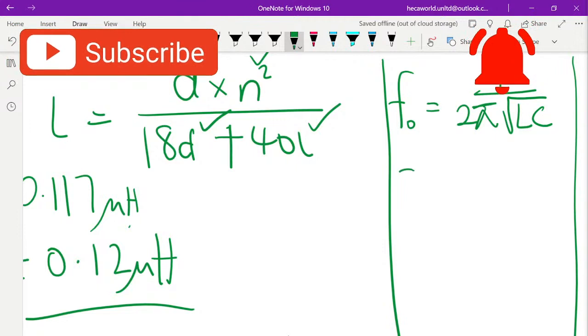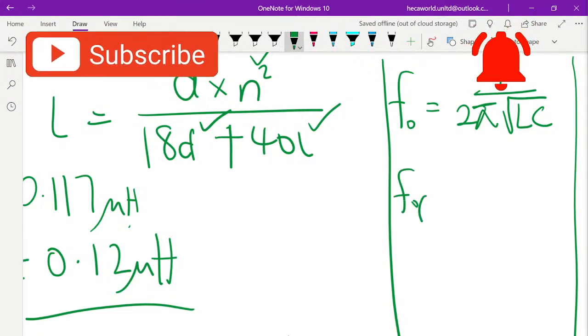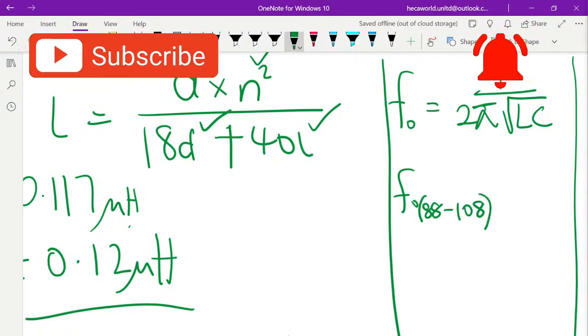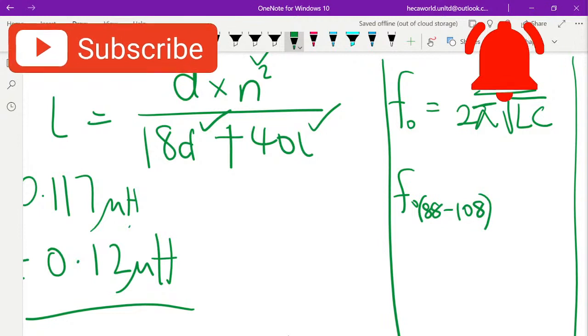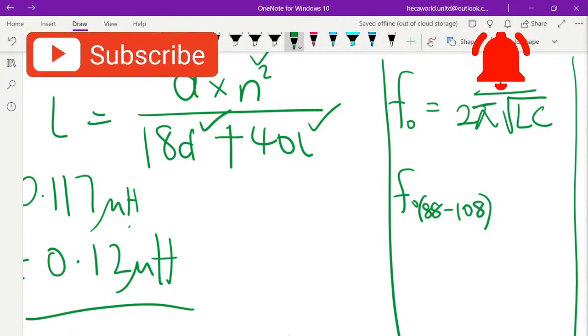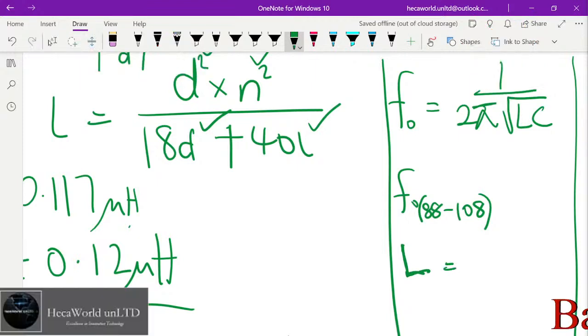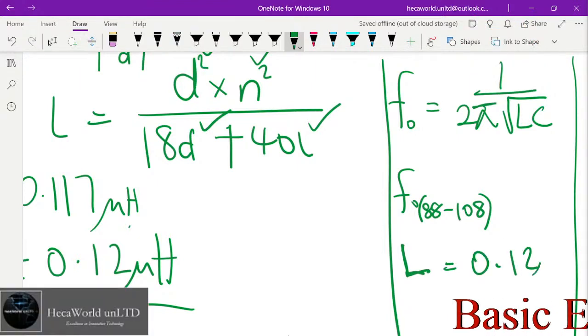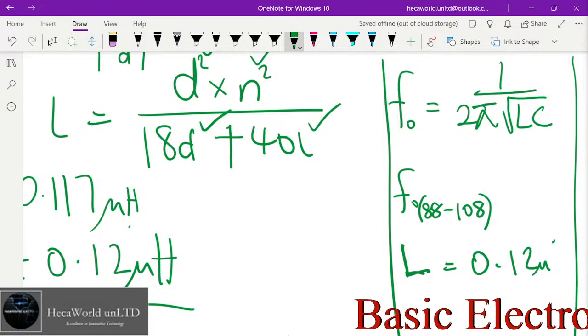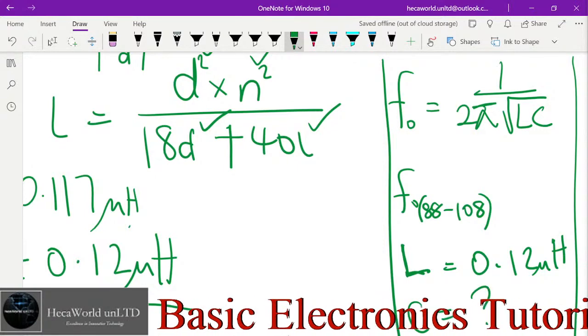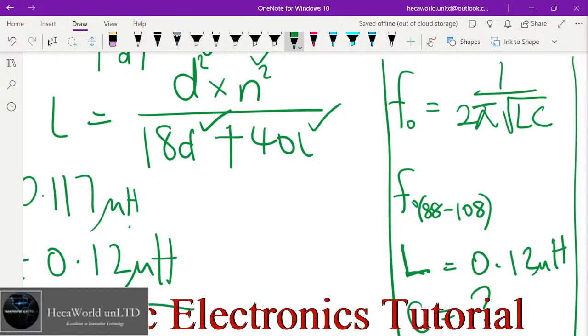Now, we know the F0. F0 is actually a range from 88 to 108, because we're building this for an FM transmitter. And then we know L from our calculation. The capital L from our calculation is about 0.12 microhenry, yeah? And then we just need our C. C was unknown. So F was known.